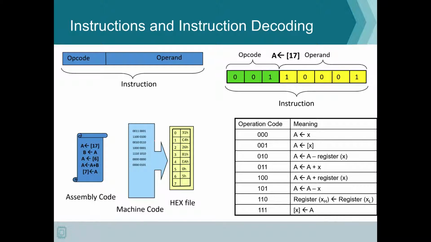It is very important to note that every instruction is divided into an opcode and an operand or operands. Here is a simple example, a pseudo representation of an instruction.